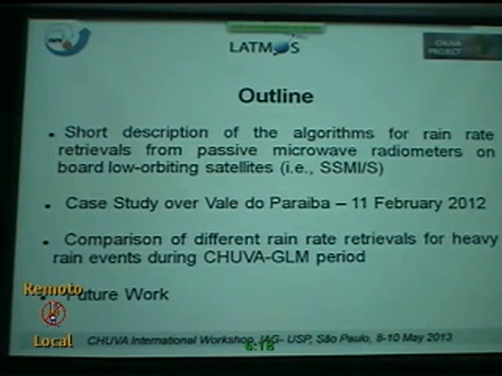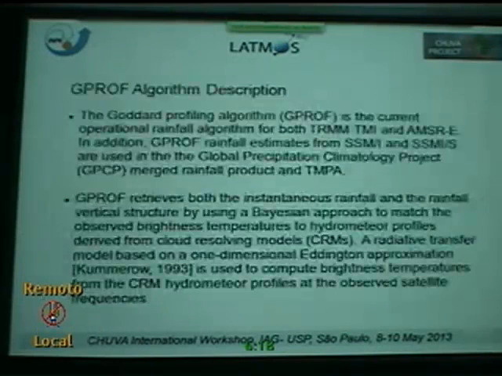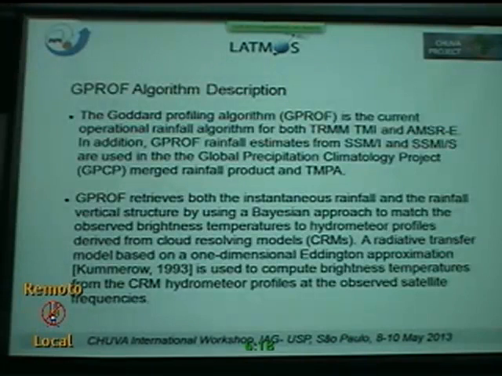So we can move forward. The first important thing about both algorithms is that both use Bayesian approaches, but both of them are prepared for SSMI and not for SSMIS. There is no version for SSMIS. So I will show you what we did to adapt those algorithms for using SSMIS.